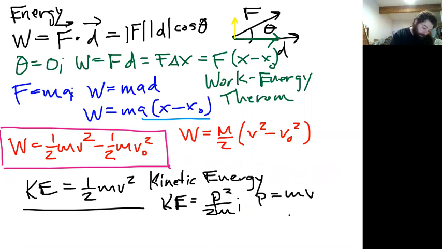So you can see that if you put this in, KE is equal to (mv) squared over 2m. So one of those m cancels, and then that is equal to 1/2 mv squared.